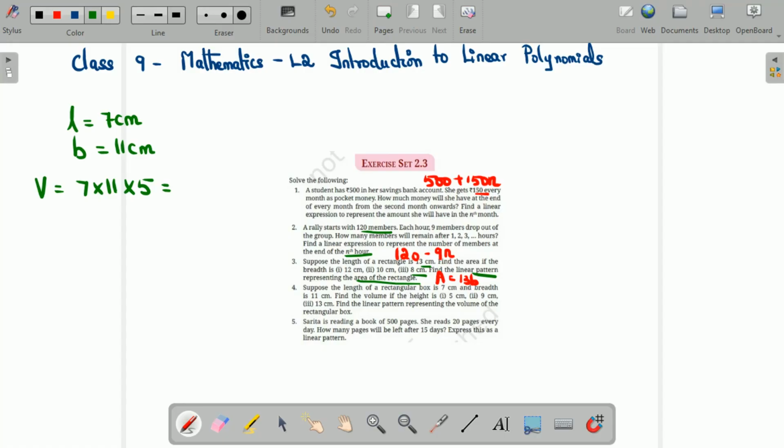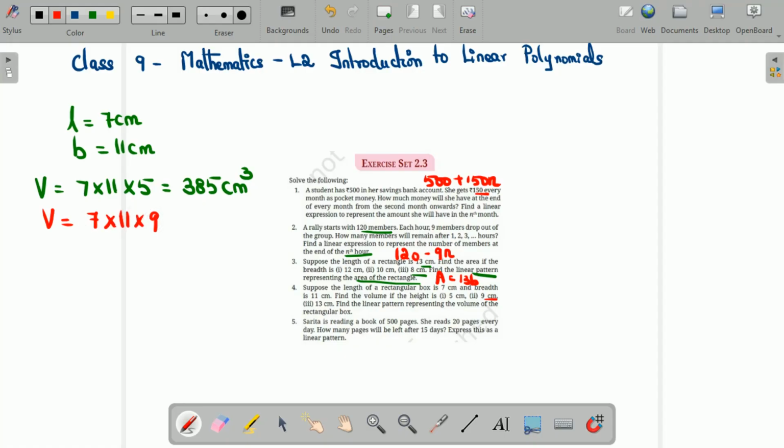So you need to multiply. 7 into 11 is 77, into 5 is going to be equal to 385. Everything is given in centimeters, so centimeter cube. Now you take the second subdivision. The height is going to be 9. So V is going to be 7 into 11 into 9.